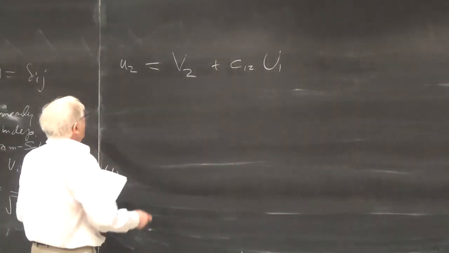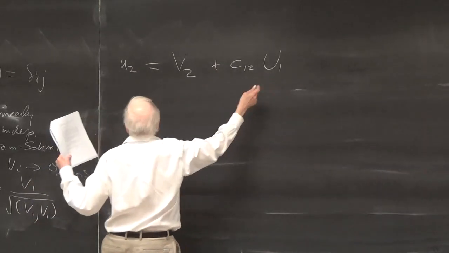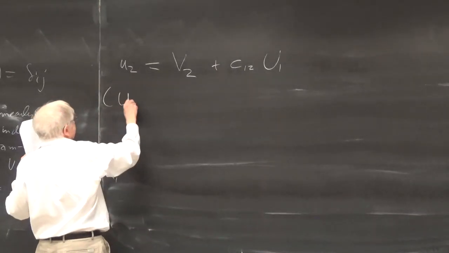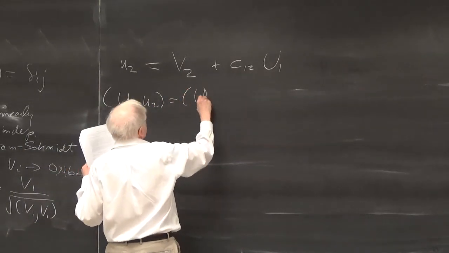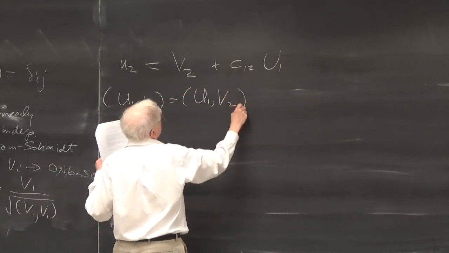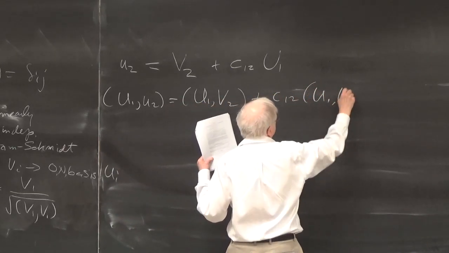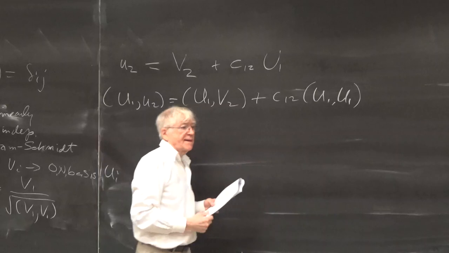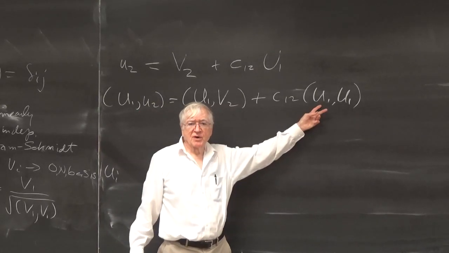And then we require that this be orthogonal to u1. So we take the inner product of u1 with u2, and this is u1 with v2 plus c12 times u1 with u1. What's u1 with u1?